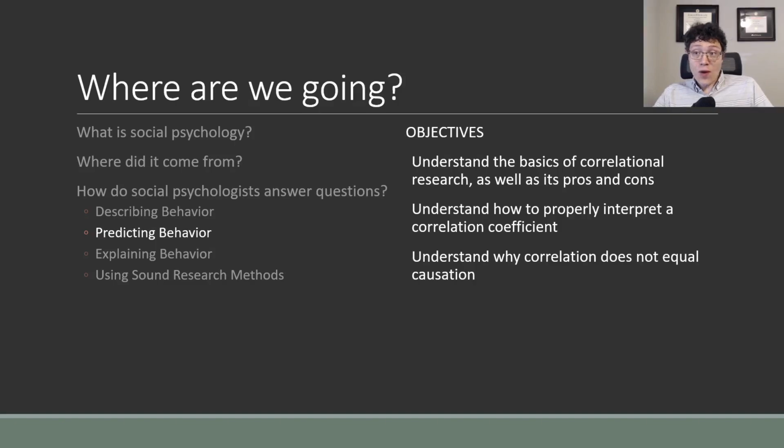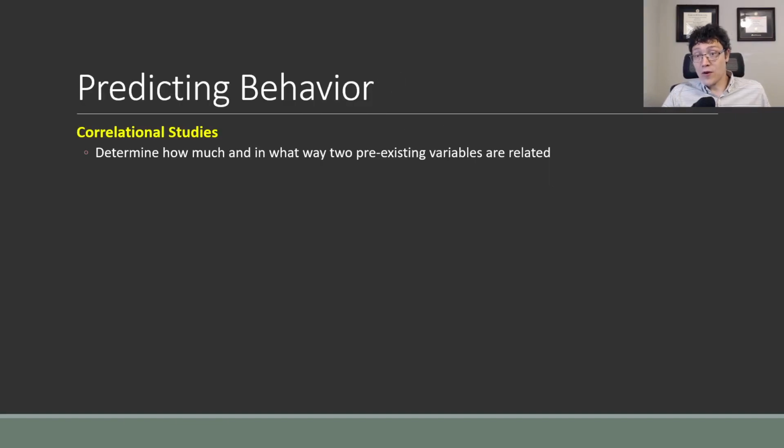So while we can describe behavior, something we're more interested in doing is being able to predict behavior. And one way that we can predict behavior is through correlational studies. Correlational studies are great because they allow us to see if there are relationships between two variables, but usually variables we can't manipulate. I can't manipulate how much money you make a year, not ethically at least.